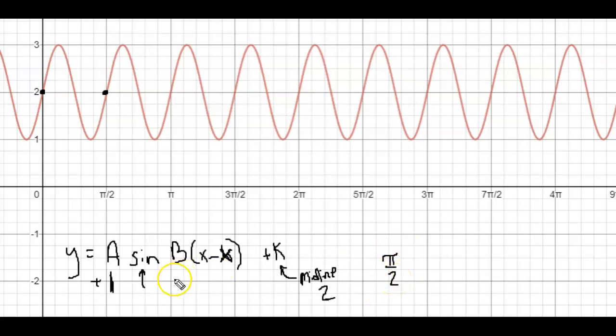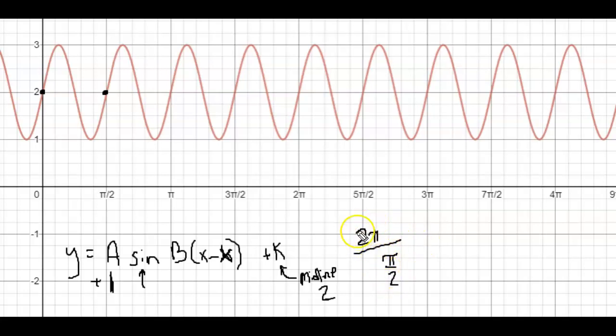And we know the angular speed is radians per second. And so what we need to do is to figure out what the original angular speed was. We're just going to take that 2 pi, because we know one full cycle all the way around is 2 pi radians, and we're doing it in pi over 2 seconds.